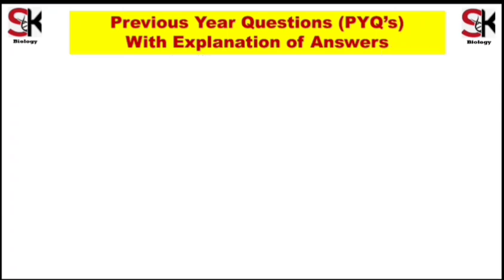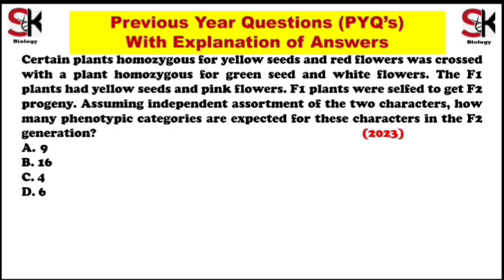Next question. A plant homozygous for yellow seed and red flowers was crossed with a plant homozygous for green seed and white flower. The F1 plant had yellow seeds and pink flower. F1 plants were selfed to get F2 progeny. Assuming independent assortment of the two characters, how many phenotypic categories are expected for these characters in the F2 generation? Now, this question is also about dihybrid cross, but the difference is one character is following complete dominance and the other character is following incomplete dominance.